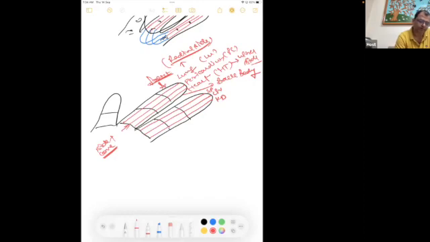So again, spleen will supply the front part of the body. Kidney will supply the back part of the body. And liver will supply the side and the core. So spleen will be front, liver will be middle, kidney will be back side.